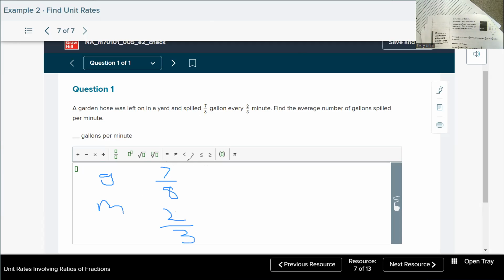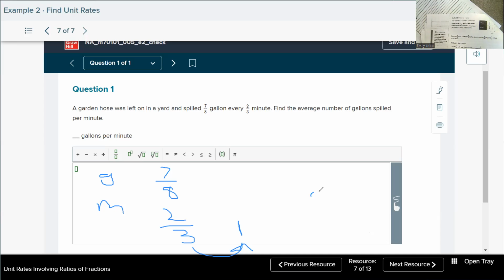So what do I have to multiply this by to get it to be 1 minute? Ooh, that's a little tricky. What do I have to multiply 2/3 by? Do you guys remember reciprocals?